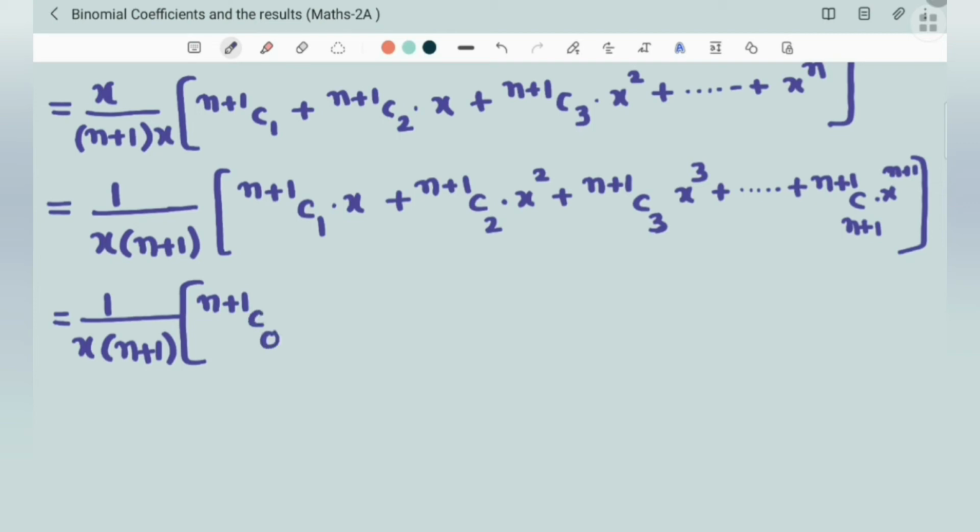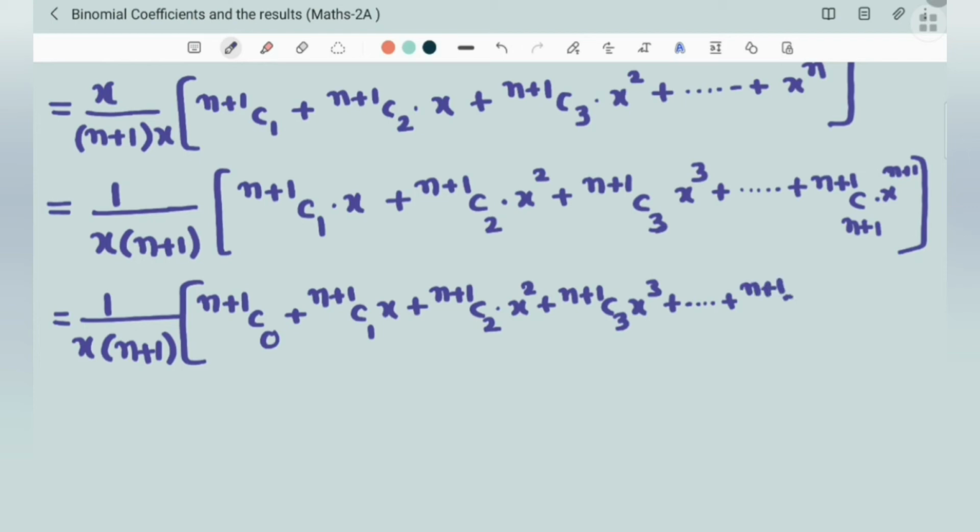Plus the rest of the terms, n plus 1 c1 x, n plus 1 c2 x square, n plus 1 c3 x cube, plus and so on, n plus 1 c n plus 1 x power n plus 1, minus n plus 1 c naught. We are adding and subtracting these values. After that, observe carefully, dear students.